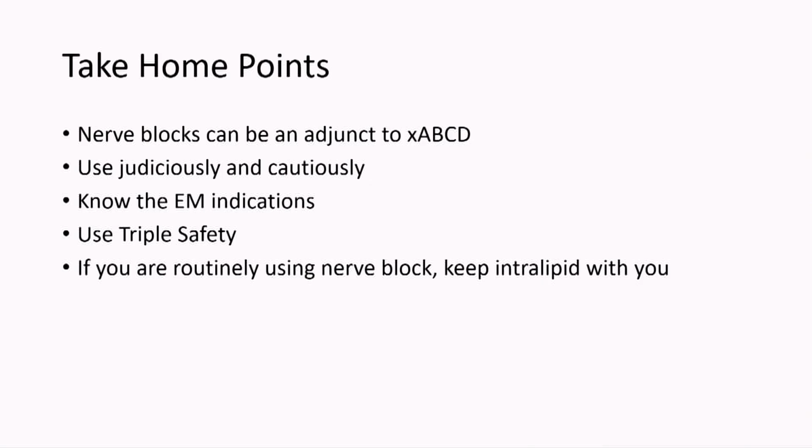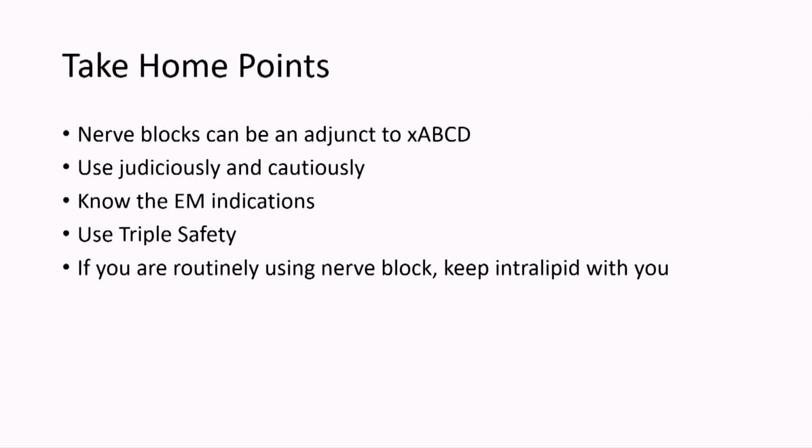So nerve blocks can be an adjunct to ABCD, but use them judiciously and cautiously. Know the EM indications. The problem nowadays is we are learning nerve blocks from anesthesiologist colleagues, but they always talk to us with regard to operative indications. So for this surgery we will use this block, but what is the EM indication for using that nerve block?